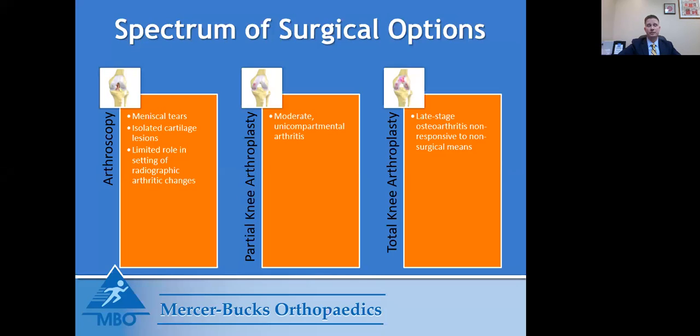If there is radiographically significant arthritic change, meaning we can easily see arthritis on the x-ray, the role of arthroscopy becomes much more limited and the benefits are much lower.